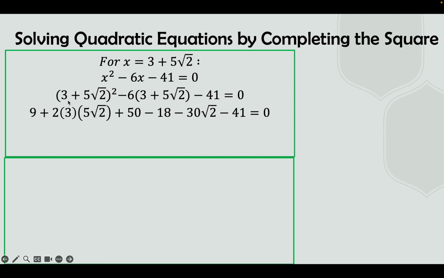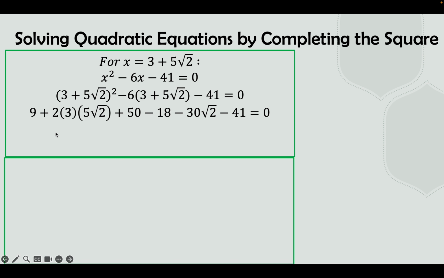So we have 3 squared is 9, and then 2 times 3 times 5 square root of 2, plus the square of 5 square root of 2, which is 25 times 2, so we have 50. Negative 6 times 3 is negative 18. Negative 6 times 5 square root of 2 is negative 30 square root of 2, minus 41.